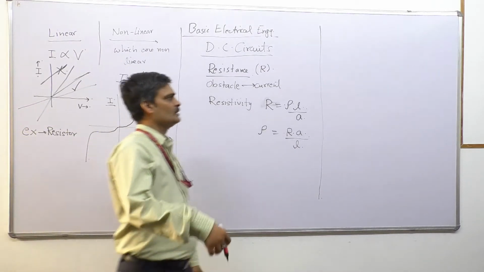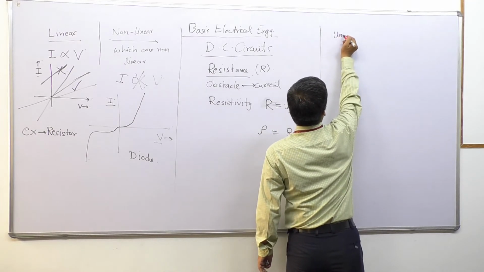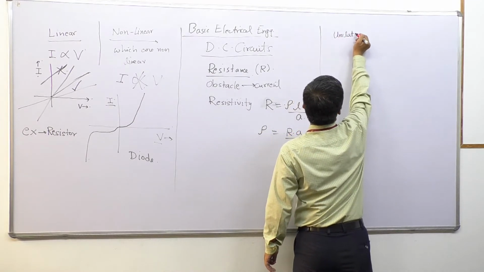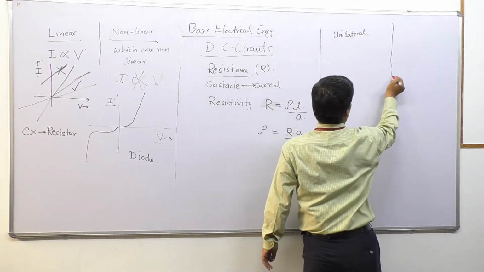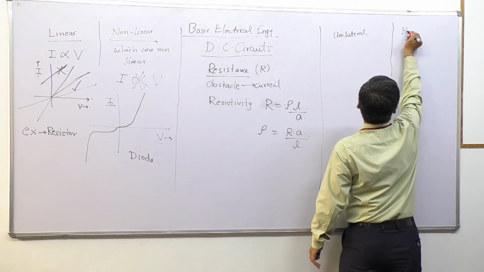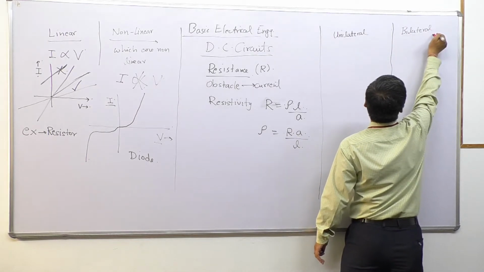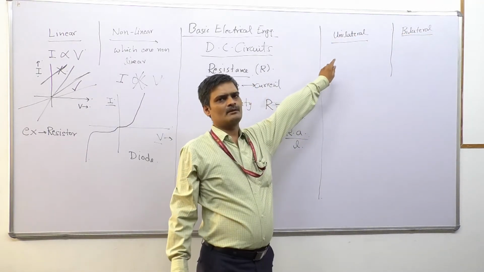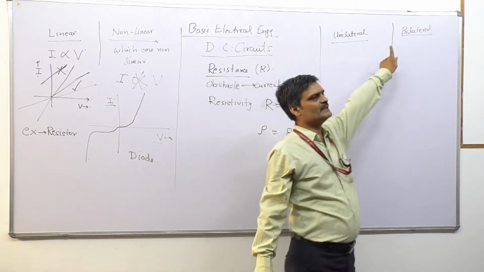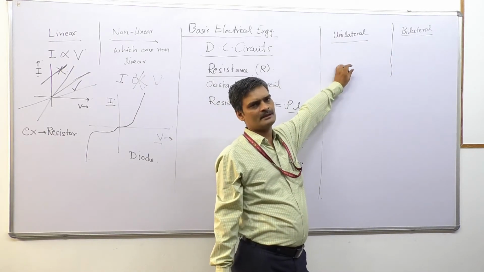Next, another terminology is defined as unilateral and bilateral elements. Uni means one, bi means two, and lateral refers to the direction.